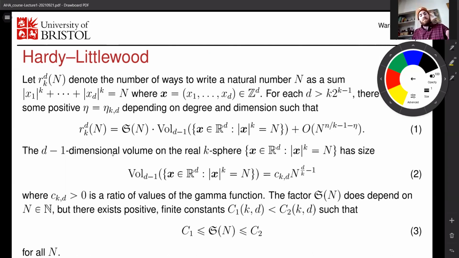I'm going to think about this as the number of integer points on the real hypersurface defined by this.